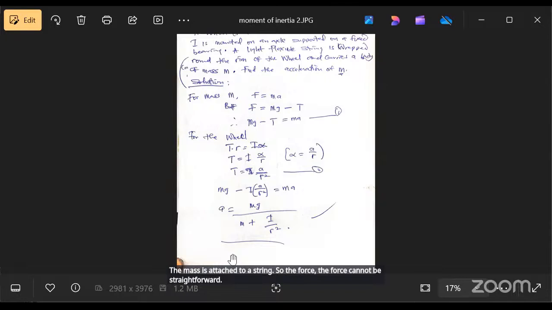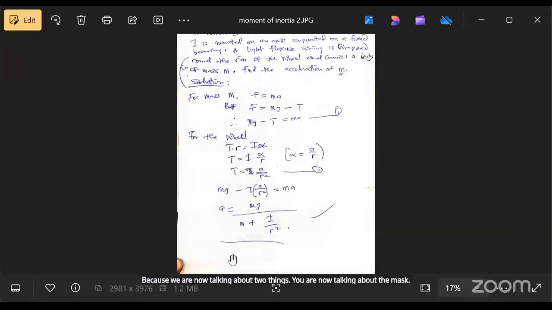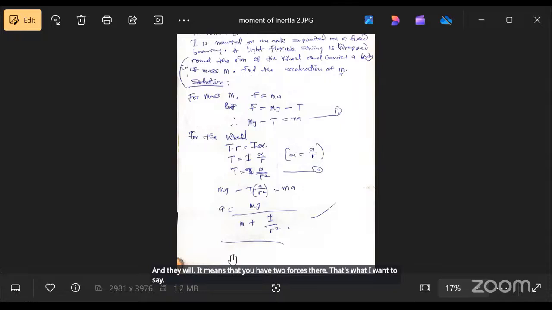You cannot say you apply a force of 20 Newton on a body, because now you are talking about a mass being held with a string around a wheel. It means that you have two forces there. It's no longer 20 Newton that you apply to a body.